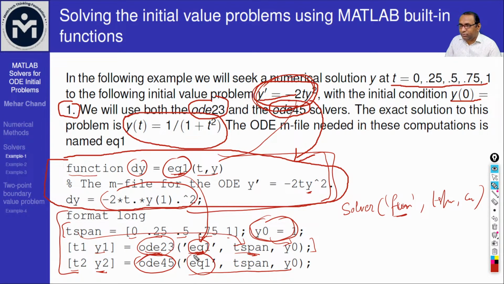Here we have equation number 1, we have t-span, and these parts will remain the same for ODE 23 as well as ODE 45.